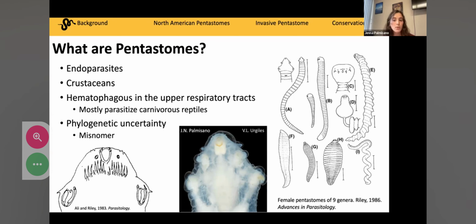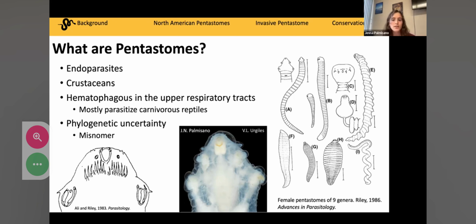As obligate parasites, pentastomes at large are hematophagous in the respiratory systems, so they're feeding on the blood. On the right here, you can see a mix of pentastome adults from nine different genera to get an idea of the morphological diversity that pentastomes exhibit.